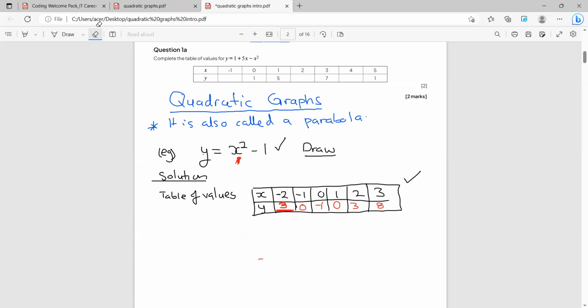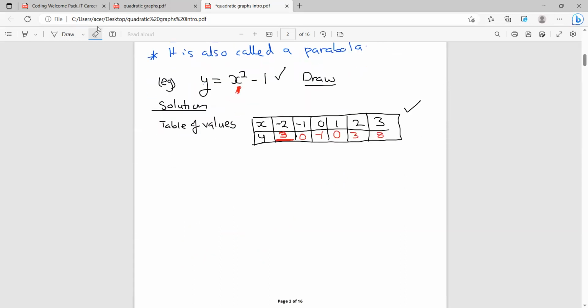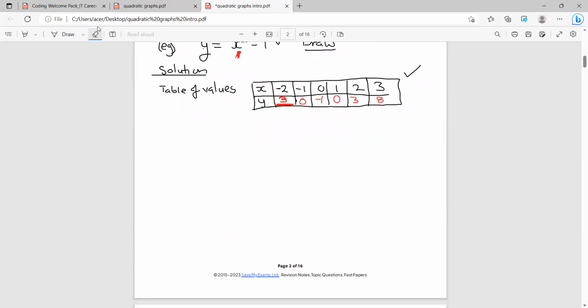You can do it on a side piece of paper, and everything will be fine. Once you have completed your table of values, this was step 1. Step 2 is to actually plot the graph, and you normally do the plotting on a grid paper or graph paper.